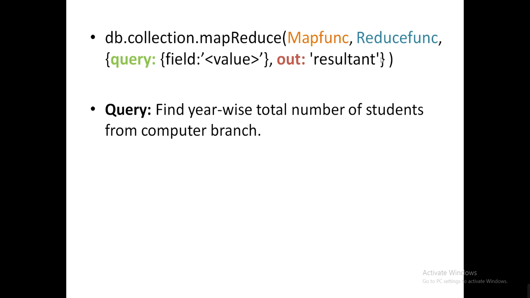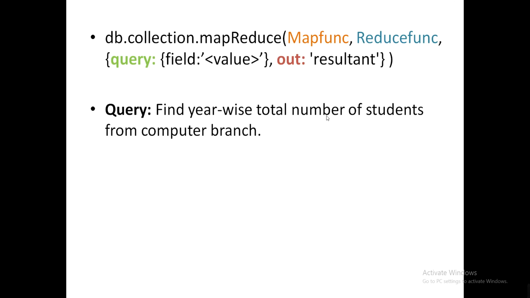Those documents will be stored in a collection with the name you have specified as the out field. So in short, a collection will be created with this name, and whatever is the output document from the MapReduce function will get stored in the resultant collection.